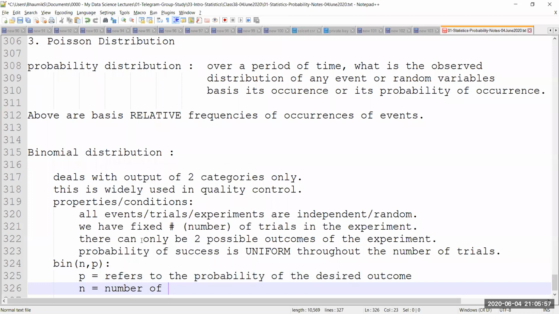If N is equal to 1, the binomial distribution is also called Bernoulli's distribution or a Bernoulli trial, because the theorem proposed by Bernoulli is only done once in a lifetime.